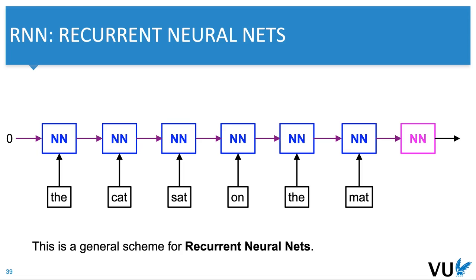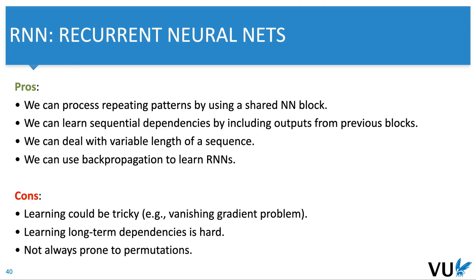We can use some specialized neural networks for recurrent neural networks, and so on, okay? As I said, there is nothing against using other neural networks, but this is the general scheme, okay?